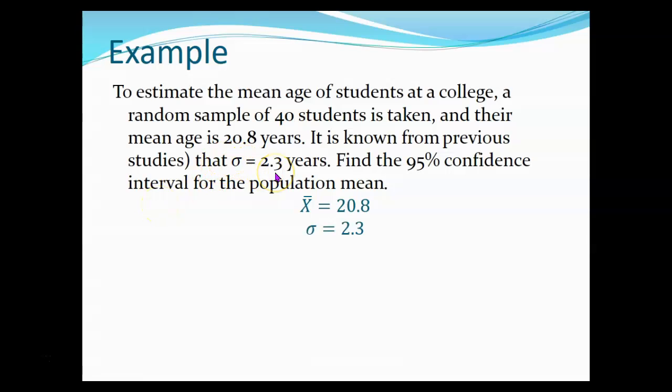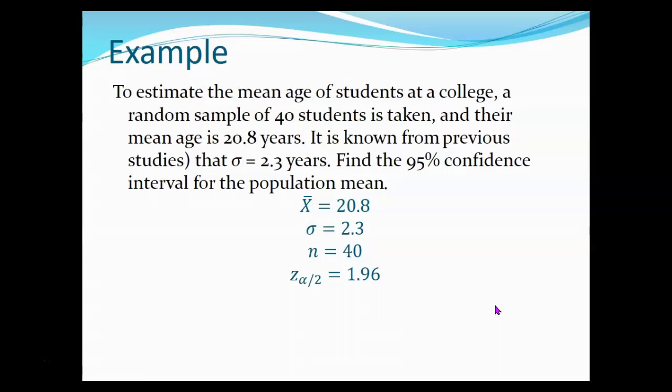Sigma is 2.3 years. n is the sample size, how many students were in the sample, and that's 40. If it helps, n is always going to be a whole number. And for a 95% confidence interval, the number we're using for z sub alpha over 2 is 1.96.